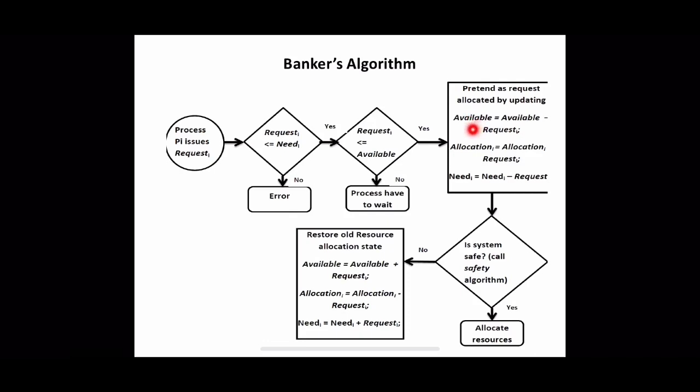By updating the information, that is, we have three data structures: Available, Allocation and Need. All those three will be affected when this request is allocated, right? So Available will be Available minus Request i, because we are taking out some resources from the freely available resources.